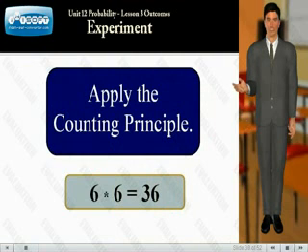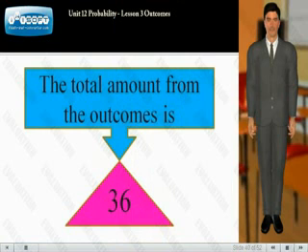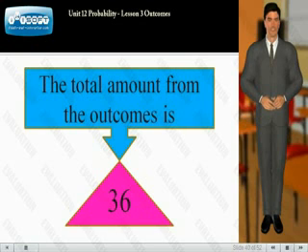So if I apply the counting principle, I can do 6 times 6 and get 36. And that was the total amount from the outcomes, 36. So using the counting principle, it did make things a little bit easier and also faster.